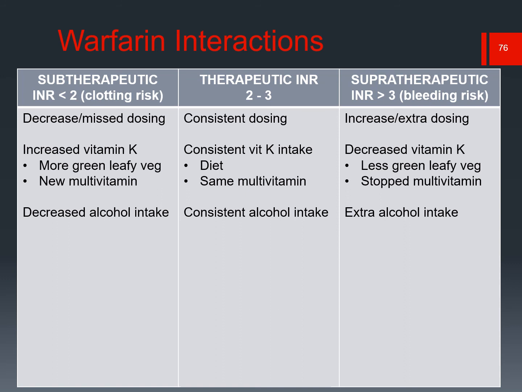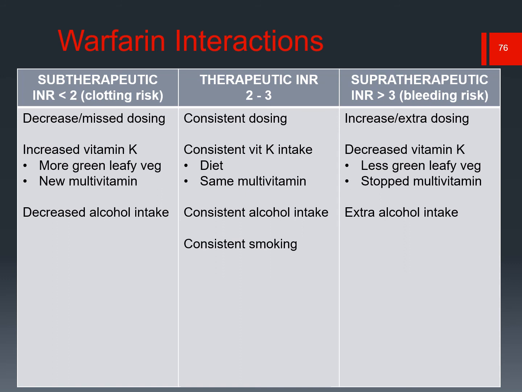So alcohol versus warfarin, it occurs really rapidly. So this can occur within a couple days of the alcohol intake, whereas the others can occur over days. So alcohol intake will modify the INR within 1 to 2 days or longer, and then dosing and diet may take a few days to actually see that interaction.